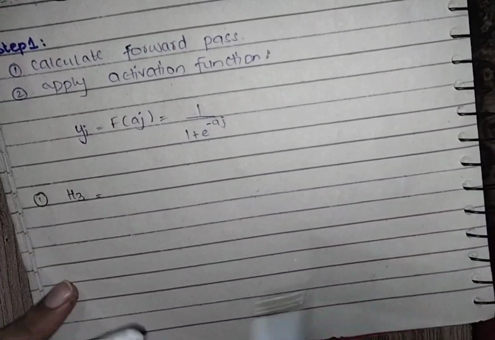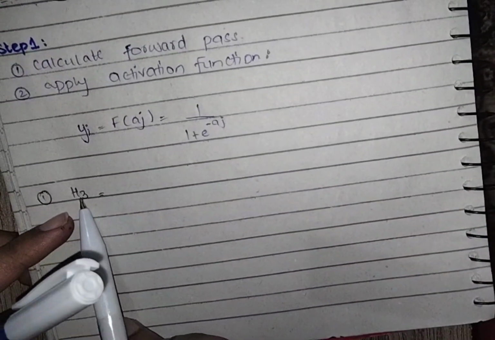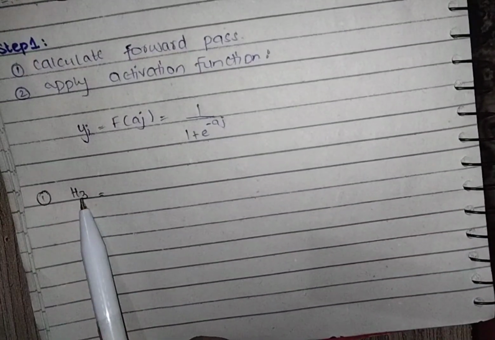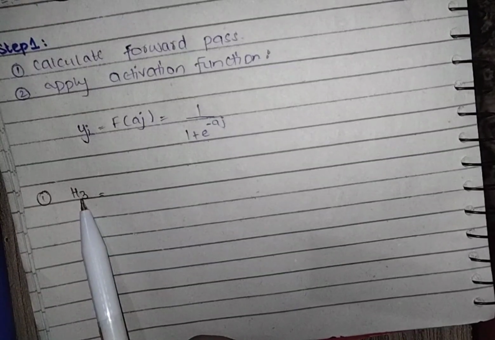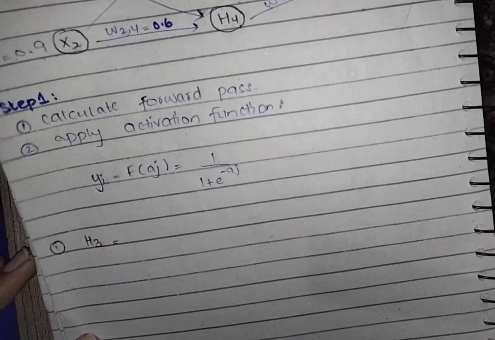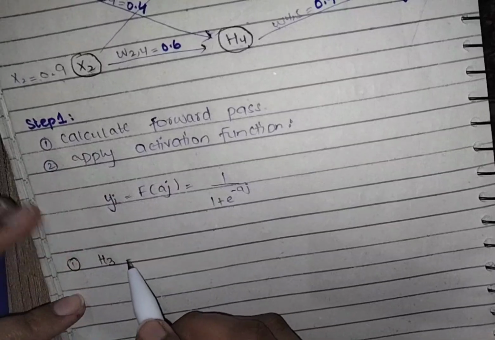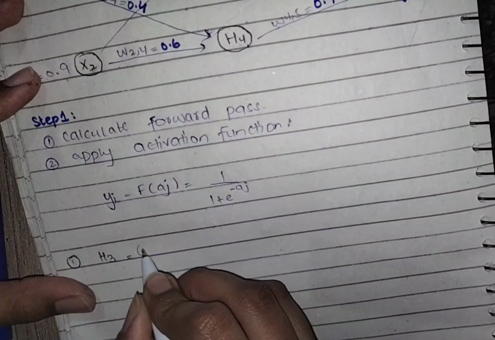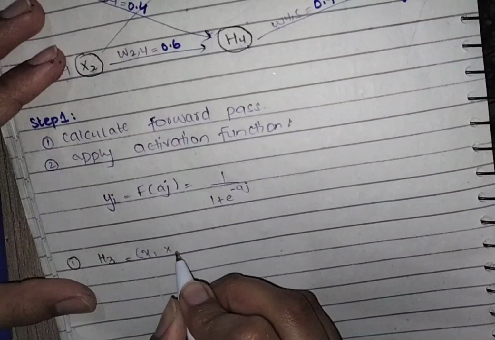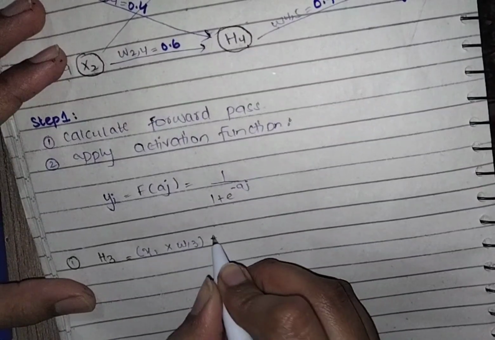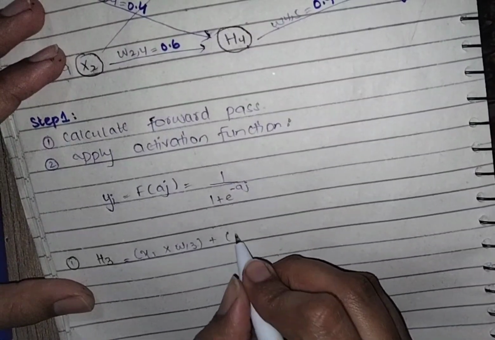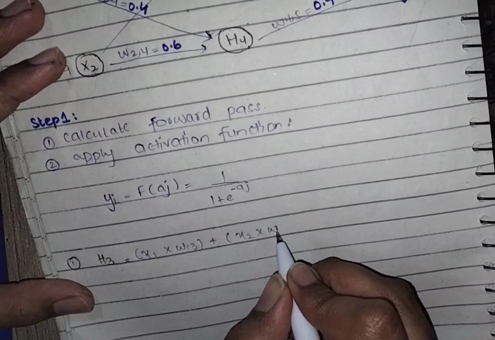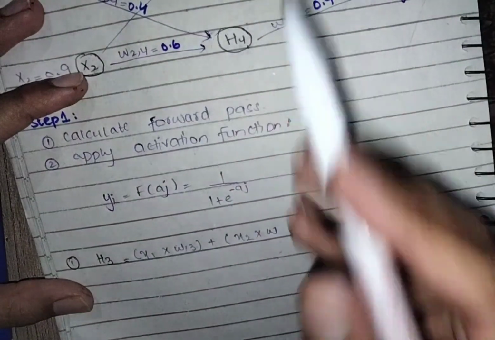To calculate h3 for the forward pass, if you don't know how, you can watch my previous video, where I've explained it. Also, I'm writing it here so you can see. We multiply x1 by w13 plus x2 by w23.